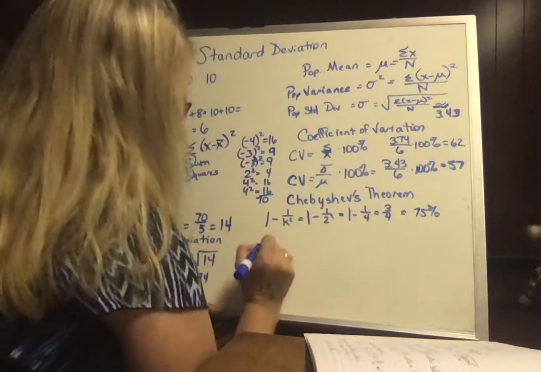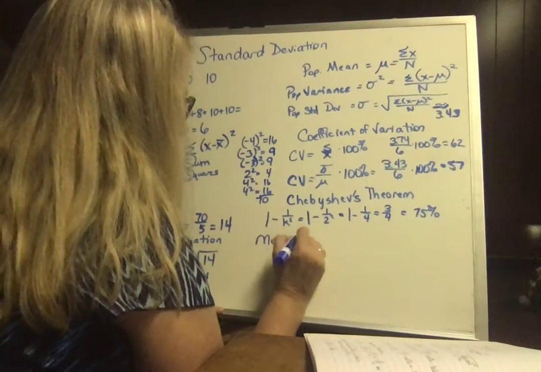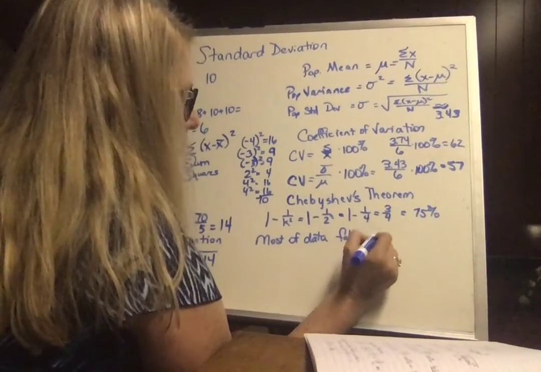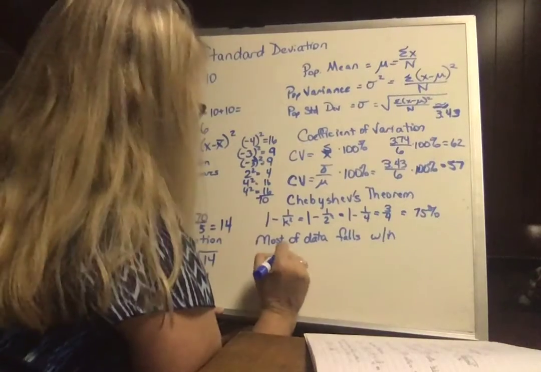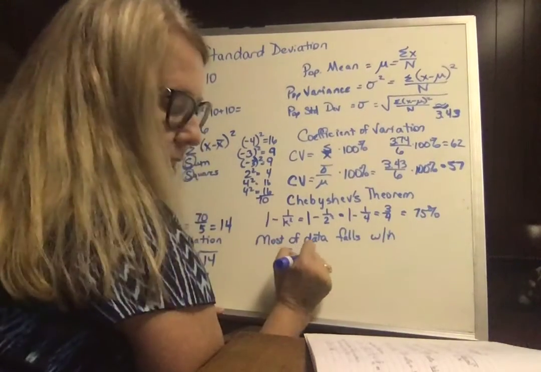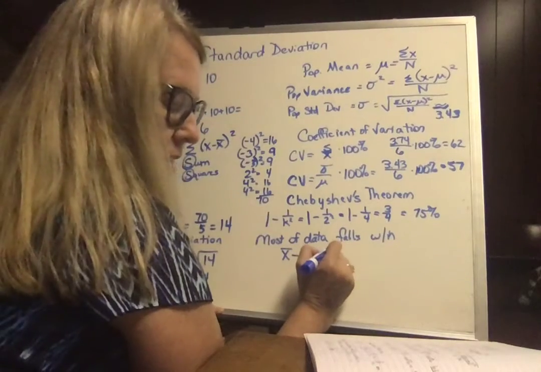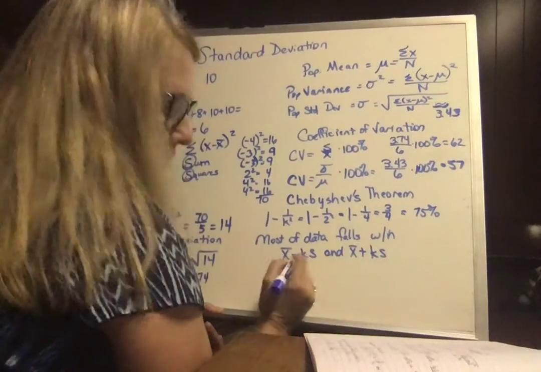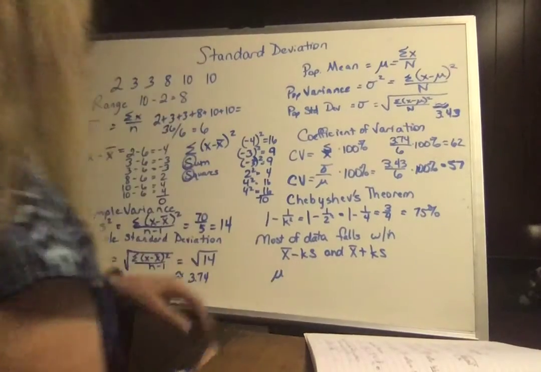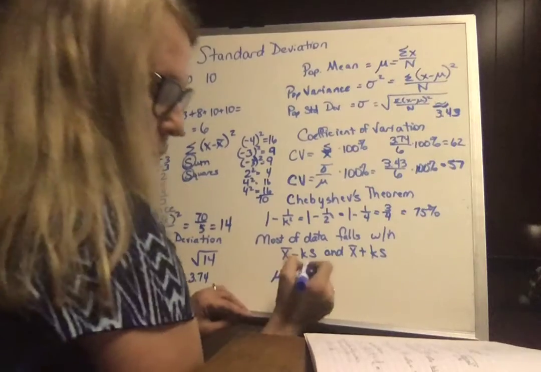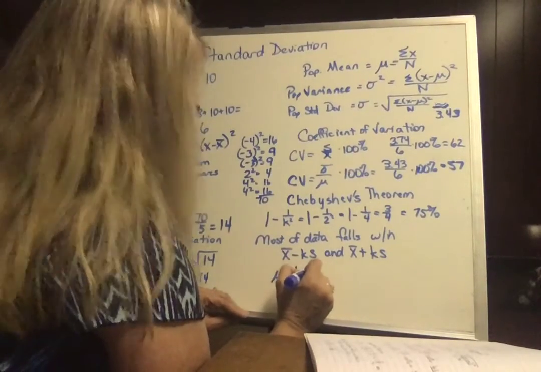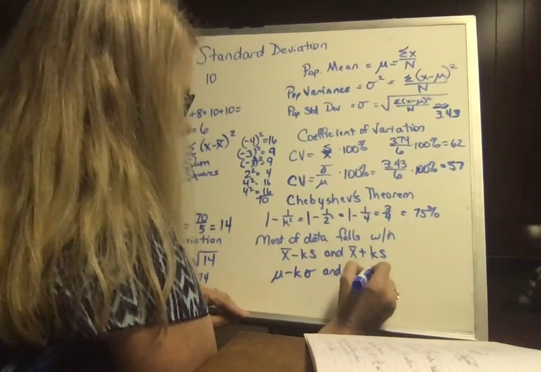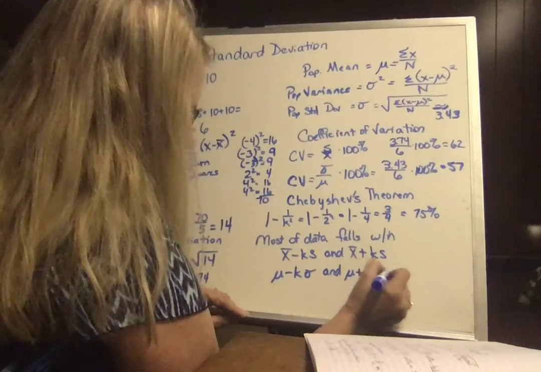Another way they write this, most of the data falls within the mean minus k times the standard deviation and the mean plus k times the standard deviation, or in generic population terms, mu minus k sigma and mu plus k sigma.